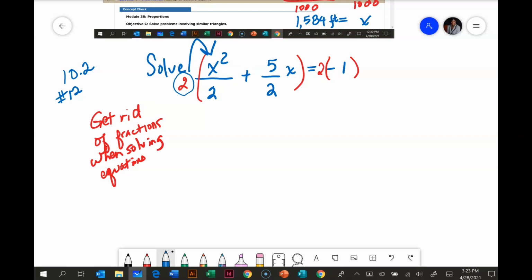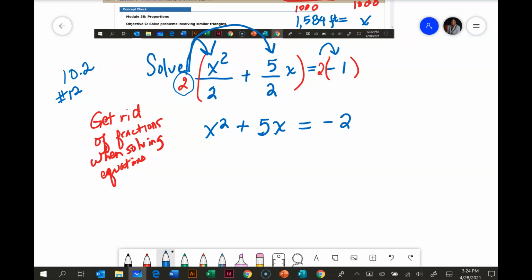I'm just saying if we multiply this 2 times x squared over 2, the 2's will cancel. You have x squared. But don't forget, we also have to multiply the 2 times 5/2 x. And the 2's will cancel out there, leaving you with a 5x. And on the right side, we have 2 times -1, which is -2.